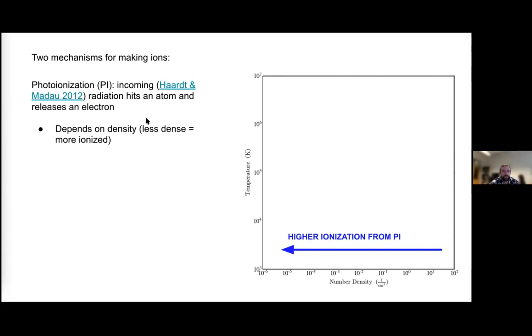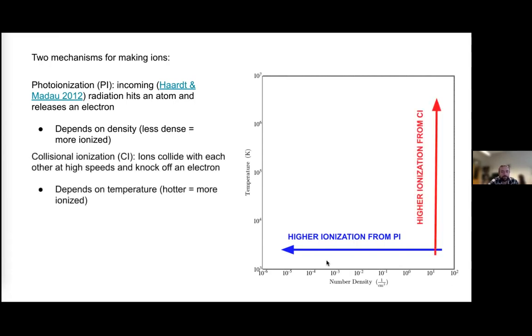The quasars are starting up, supernovas, other forms of light, and this background radiation permeates all space. The less dense you are, the more photons you get per ion, and therefore the higher ionization you get. At very high density, photons can't really penetrate your cloud, and at very low density, more and more photons penetrate into the cloud.